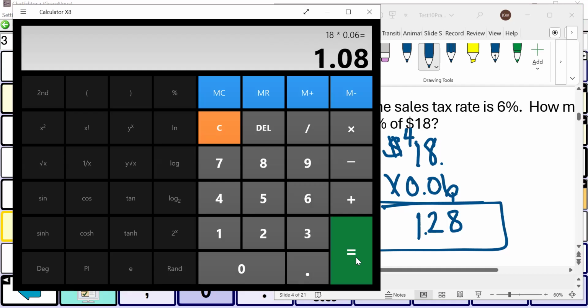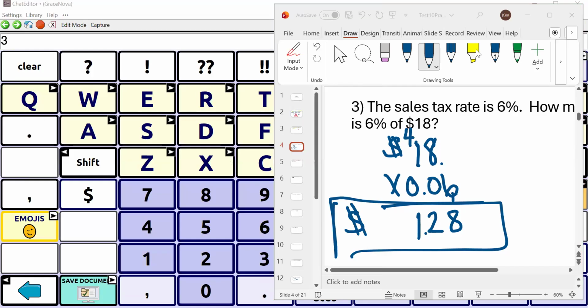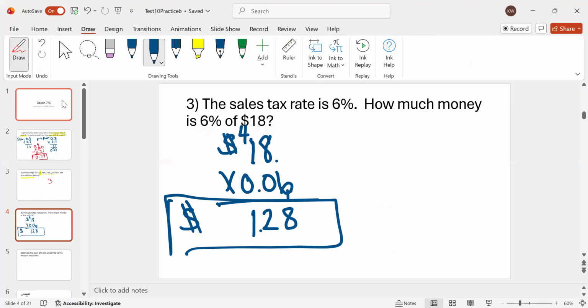And I totally got my answer wrong. How did I do that? Because 6 plus 4 is not 12. Oh my goodness. Go back, go back. All right. Here we go. Big mistake.